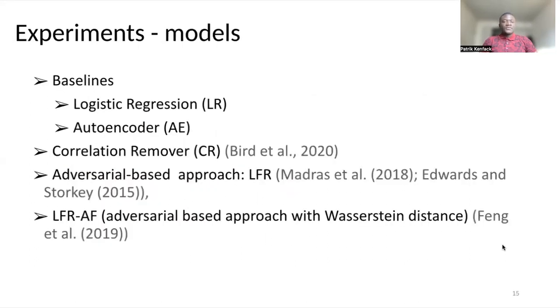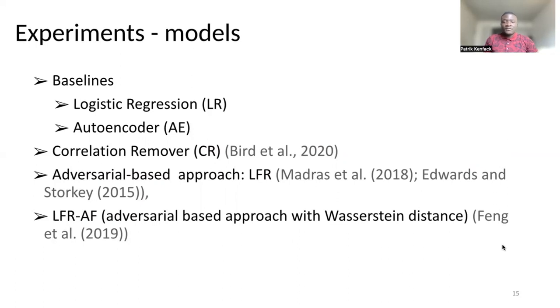As baselines, we consider a logistic regression model trained without any fairness constraints. We also consider autoencoders, just to see the impact of compression and whether it also helps to reduce the influence of sensitive attributes. Then you have other methods, such as correlation removal, which basically tries to find a projection to reduce the correlation between the features.